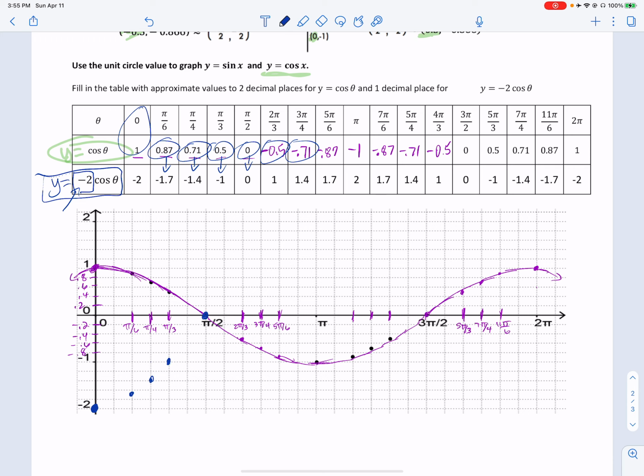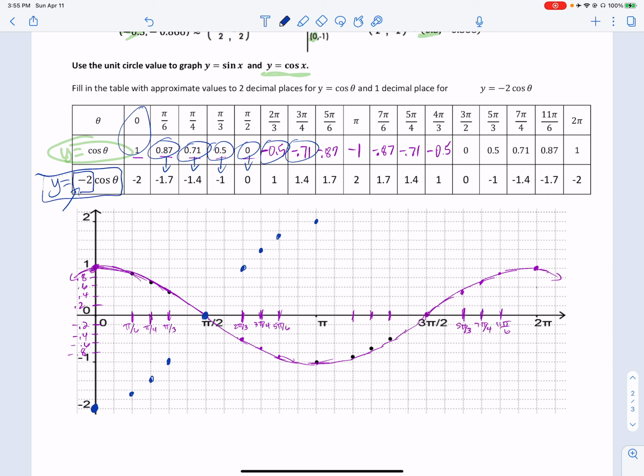And then at pi halves, you're at 0. Again, it got reflected and multiplied by 2. So at 2 pi thirds, you're going to be at 1. At 3 pi fourths, you're at 1.4. And then at 5 pi 6, you're at 1.7. And at pi, you're up at 2.